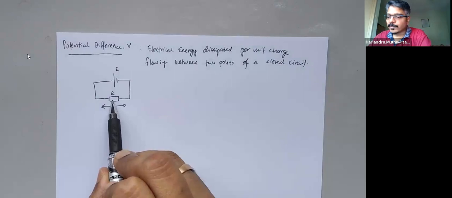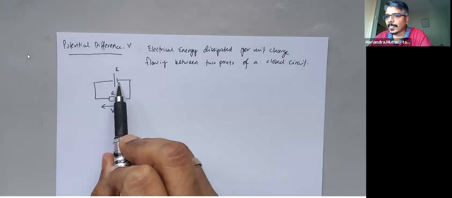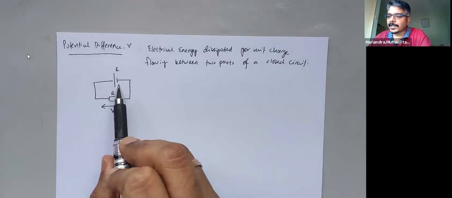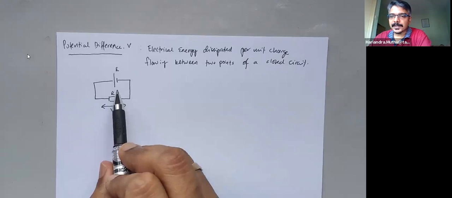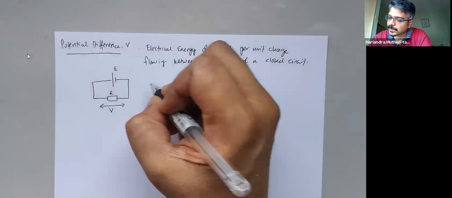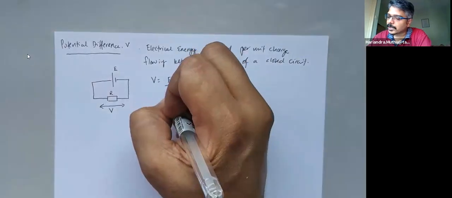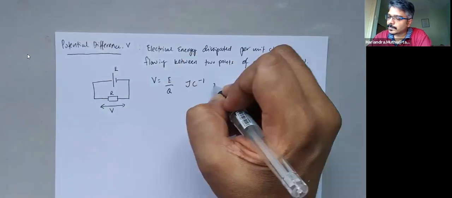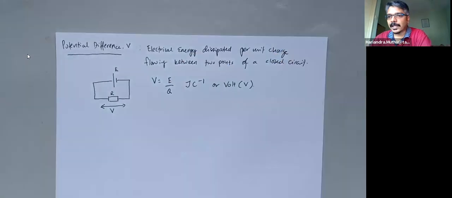What is the difference between potential difference and EMF, we will see after we discuss potential difference, resistance, and so on. By definition, potential difference is energy per unit charge. The unit is joule per coulomb, or simply volts.